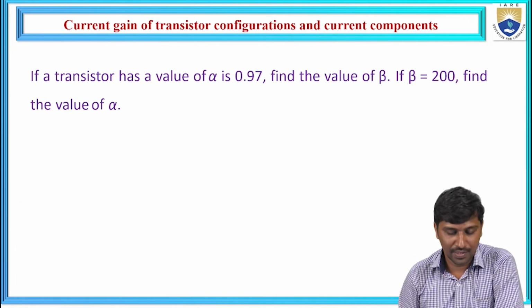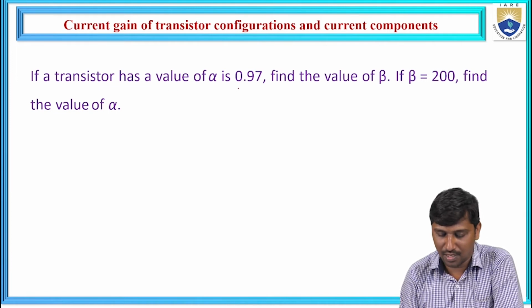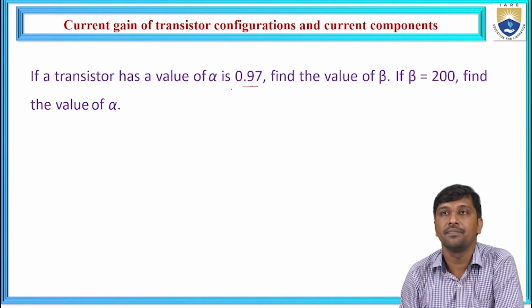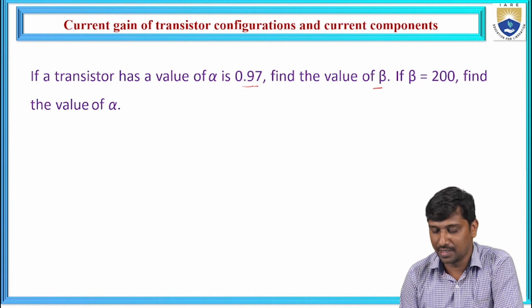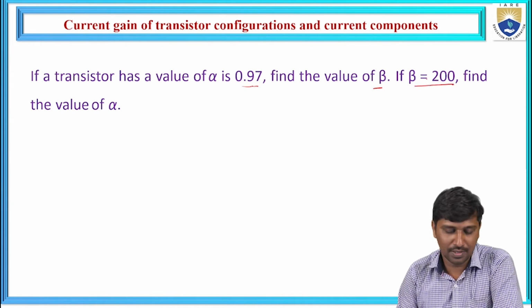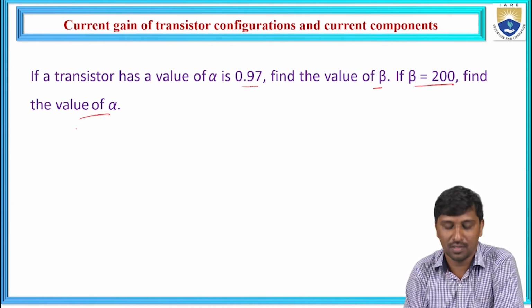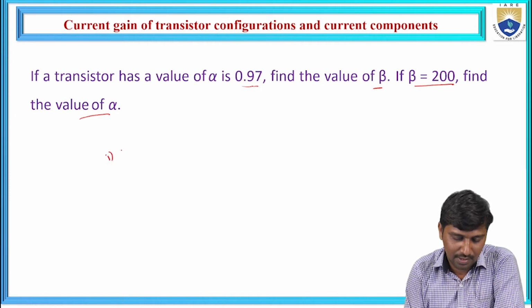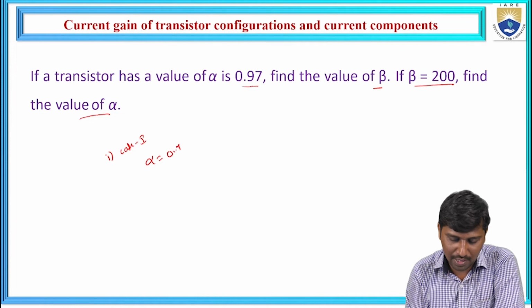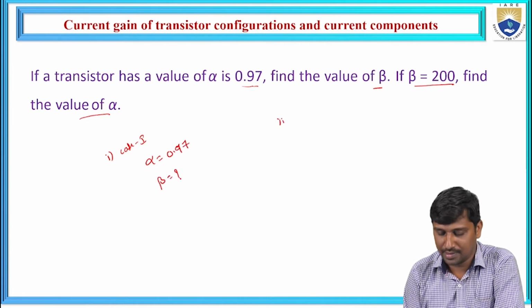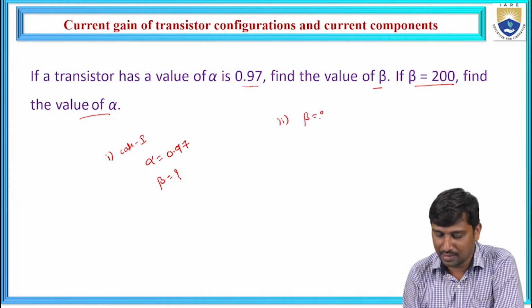Okay. Then if a transistor has alpha of 0.97, find the value of beta. If beta is 200, find the value of alpha. In case 1, alpha is 0.97, and we need to find the beta. In the second case, beta is 200, and we need to find the alpha.